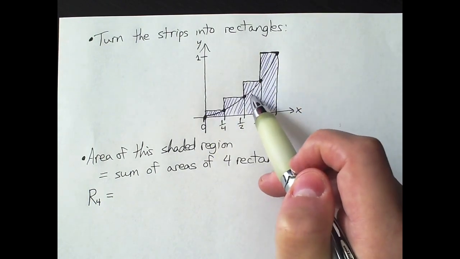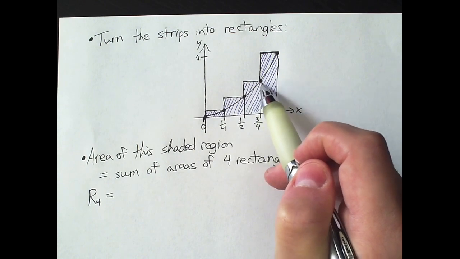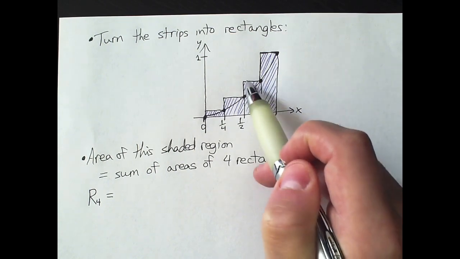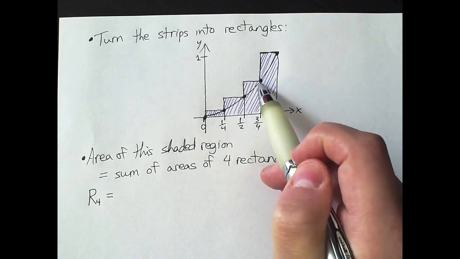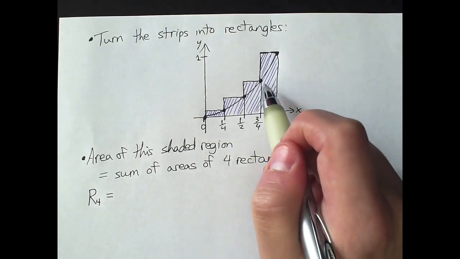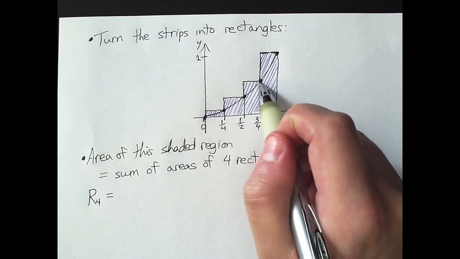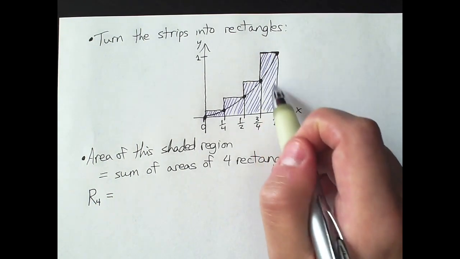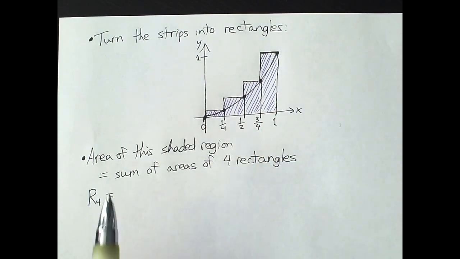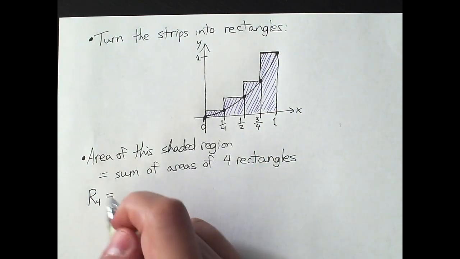And every one of these rectangles touches the curve at its upper right. Like the 3rd rectangle, where does it touch? What corner of the rectangle touches the curve? It's the upper right. What corner of this rectangle touches the curve? The upper right. So we call these the right rectangles, and we call this R4.